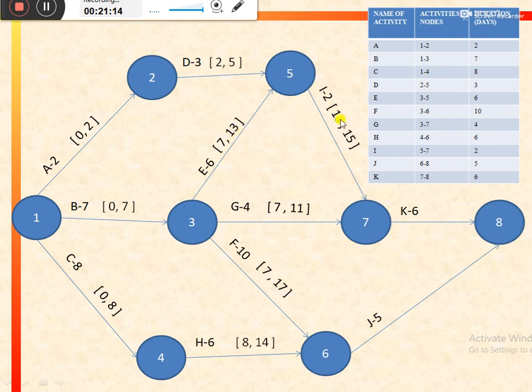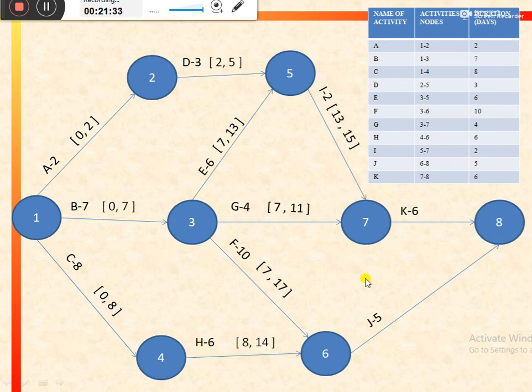So earliest starting point for activity I would be the highest of the earliest finish time of these two activities. So it is 13. So 13 would be the starting point for activity I, and earliest finish would be equal to 13 plus 2, that is 15.